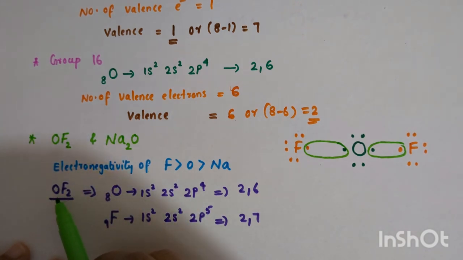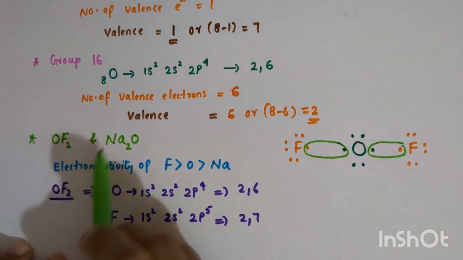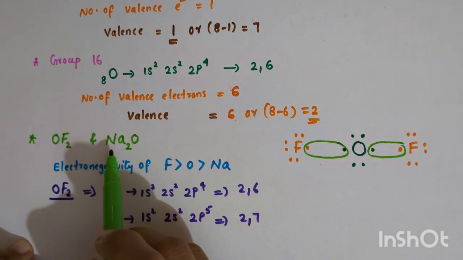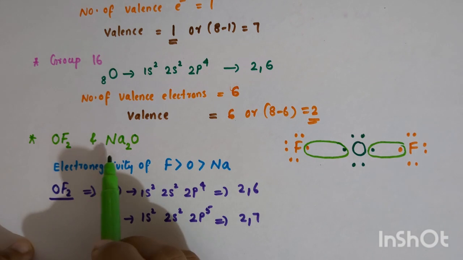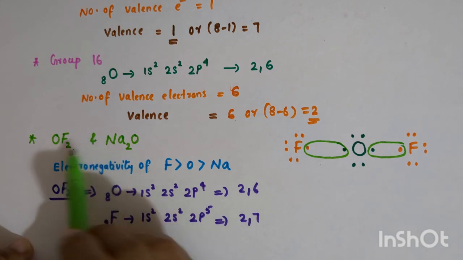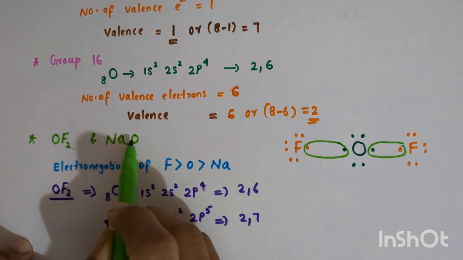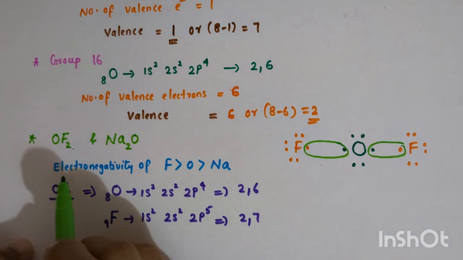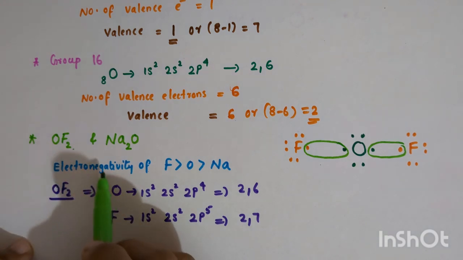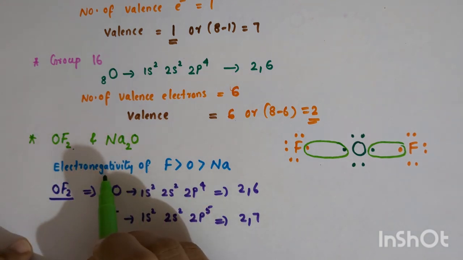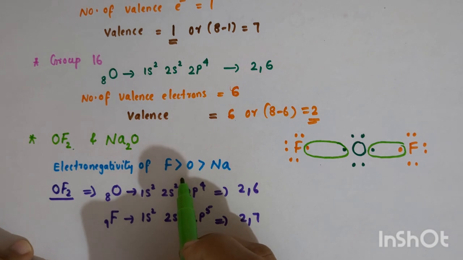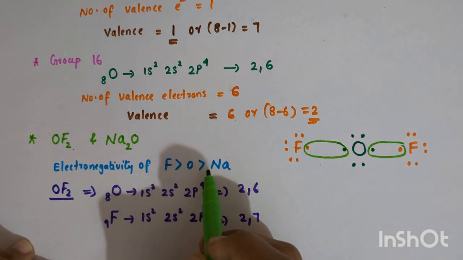The three elements involved in these two compounds are sodium, oxygen and fluorine. The electronegativity of fluorine is greater than that of oxygen, which is greater than that of sodium.